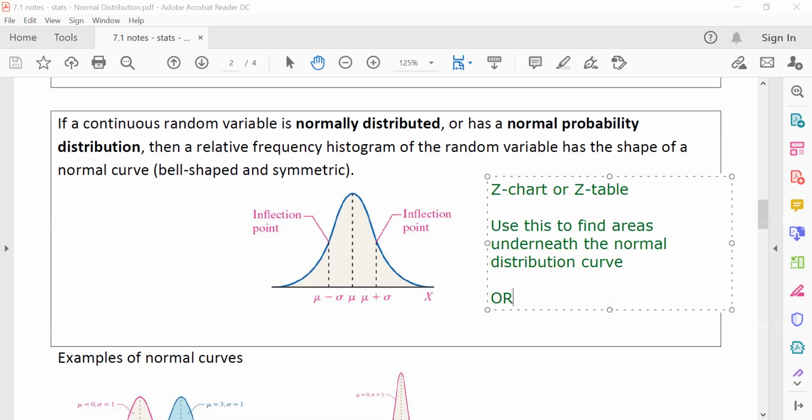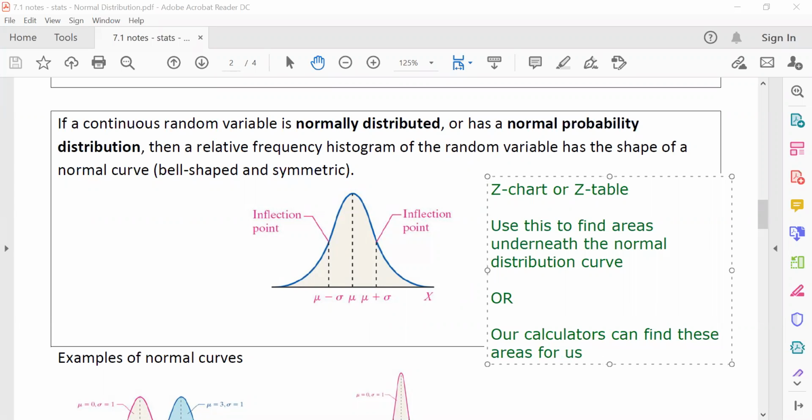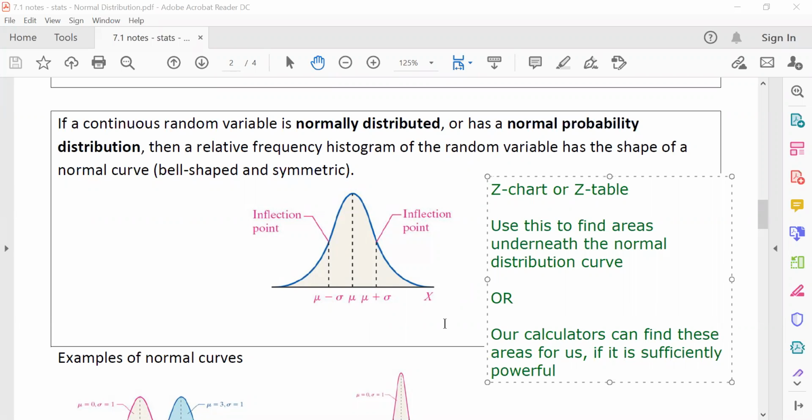Or, if you have a sufficiently powerful calculator, generally speaking a graphing calculator of some kind, our calculators can find these areas for us.